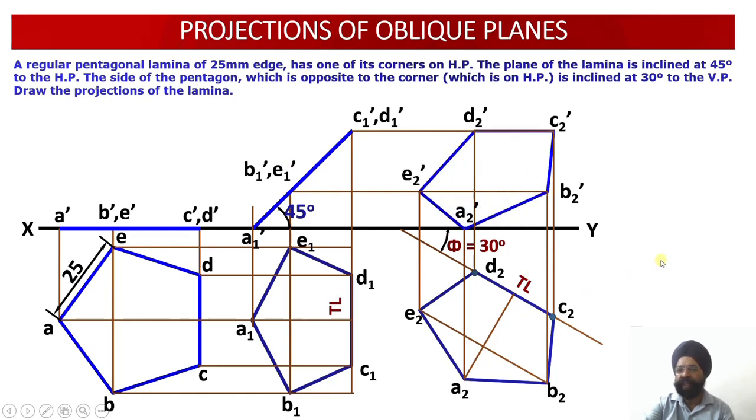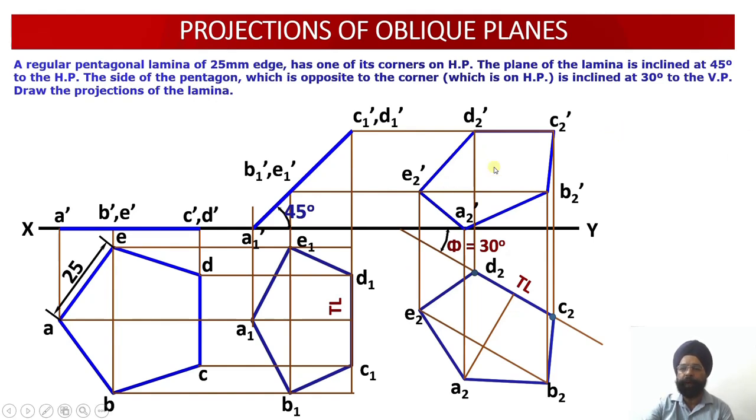So having located all these 5 points, we can join A2 dash, B2 dash, C2 dash, D2 dash and E2 dash. So this is the elevation of the oblique lamina which happens to be inclined to both the reference planes. So with this we have been able to draw the front view.